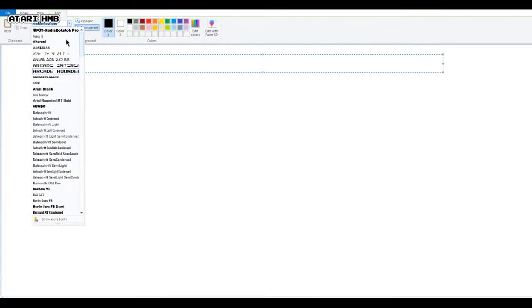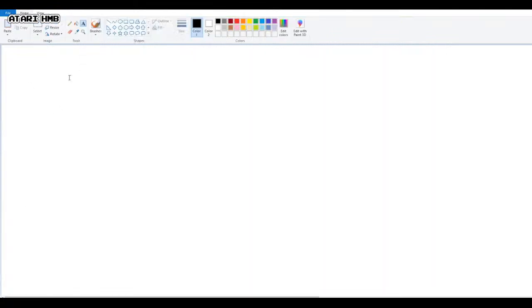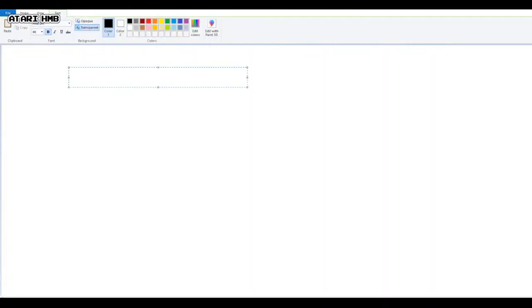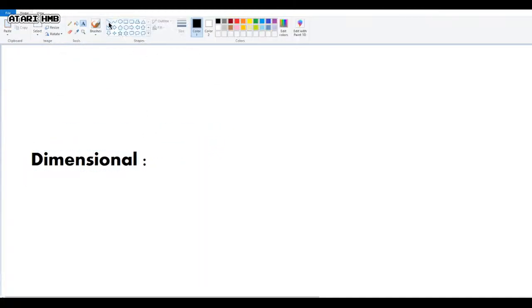So the first level of dimensional tiering that we need to all be aware of is, so I'm going to just type in the word dimensional so that everyone gets the point. So dimension in this case has so many different words and variables and meanings. So definitions wise, it's hard to pinpoint.